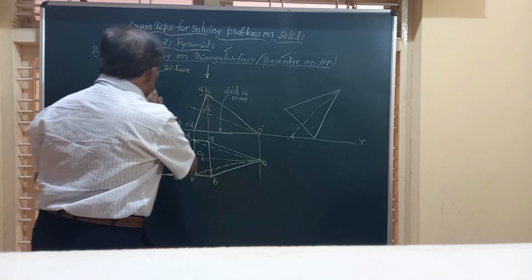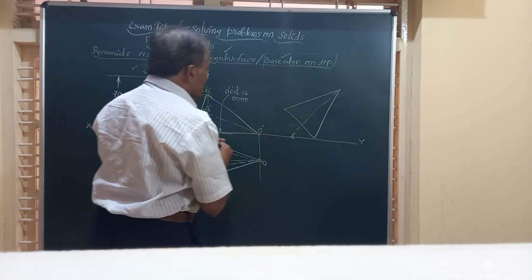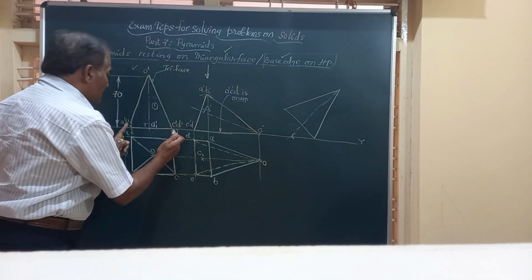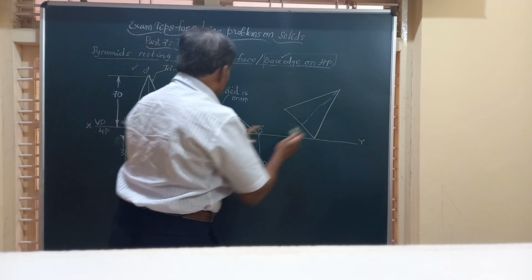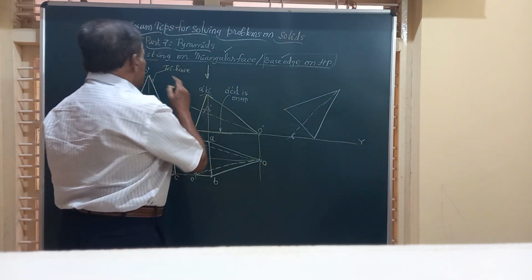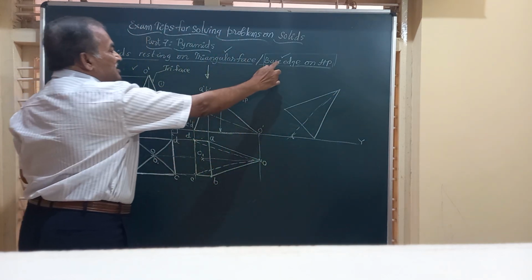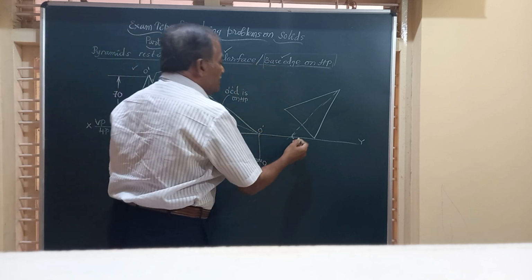Friends, same thing is written here. This will have a dimension of 30 and these two same as this. So this is the first position for the second part and this is the second position.